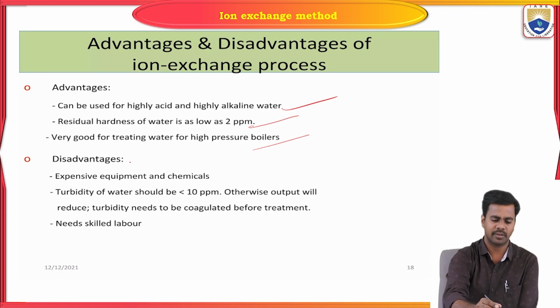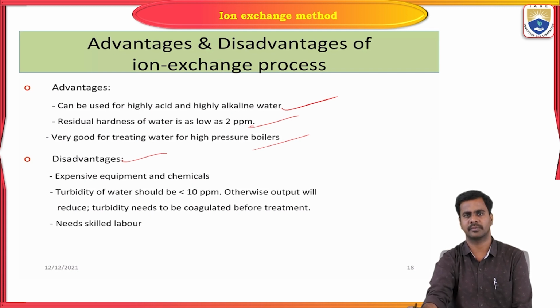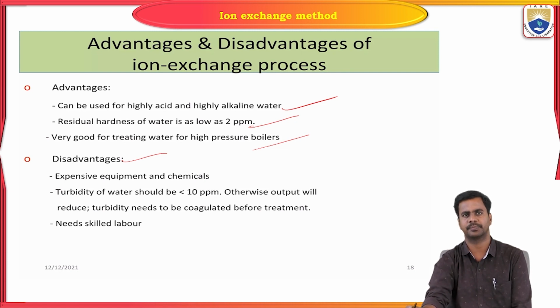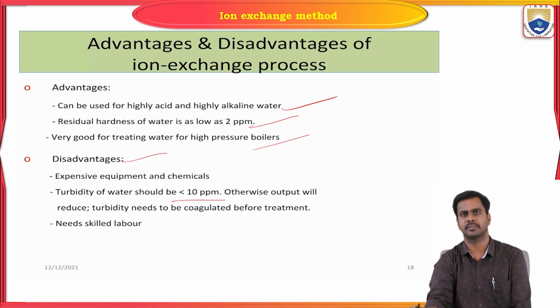And coming to the disadvantages, the equipment is expensive. Why? Because here we are using resins to remove the hardness causing ions present in the water, so the cost of resins is too expensive. And turbidity of water should be less than 10 ppm, otherwise the output will reduce.